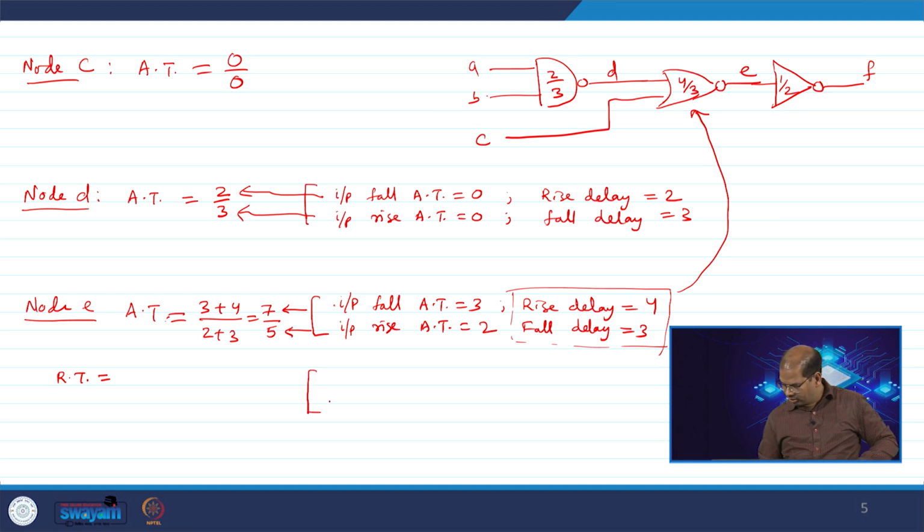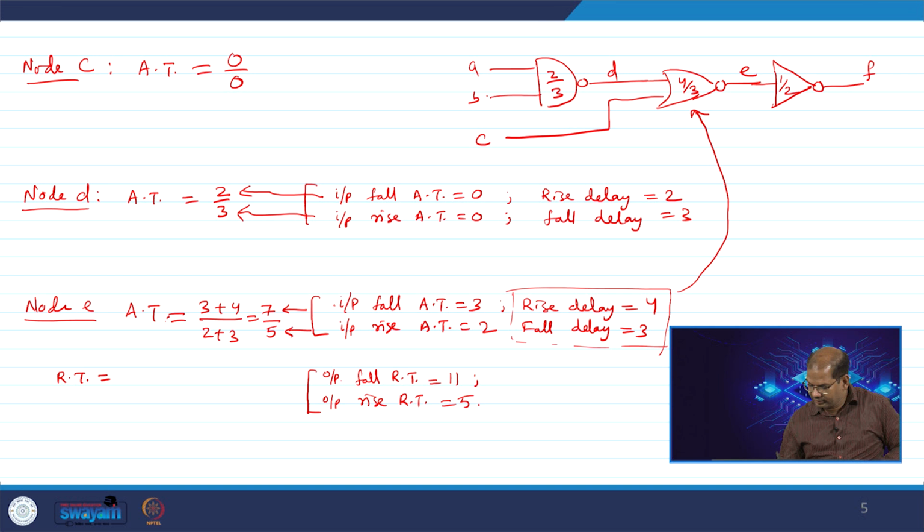One is my output fall required time, that is 11, output rise required time is basically 5, then fall delay is 2 and the rise delay is 1.